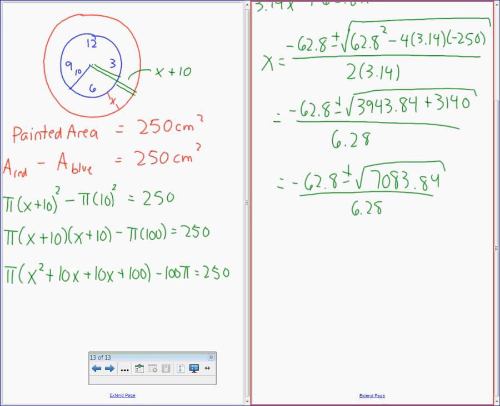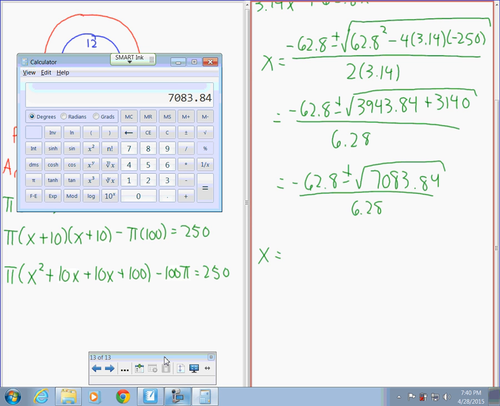And that then equals the square root of that, and then we subtract 62.8 and divide by 6.28, which gives x equals 3.40. The other solution, with the minus, equals negative 23.4.